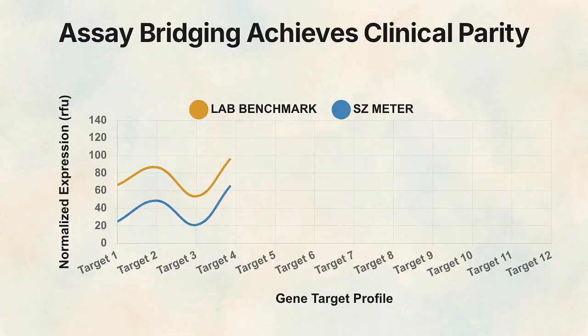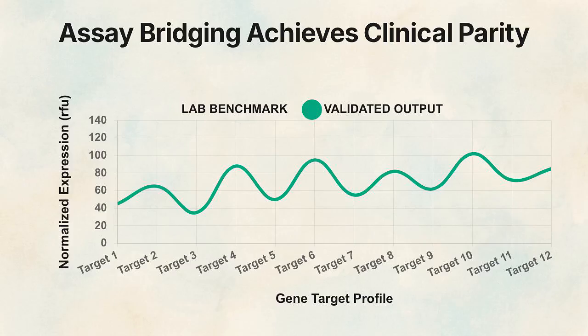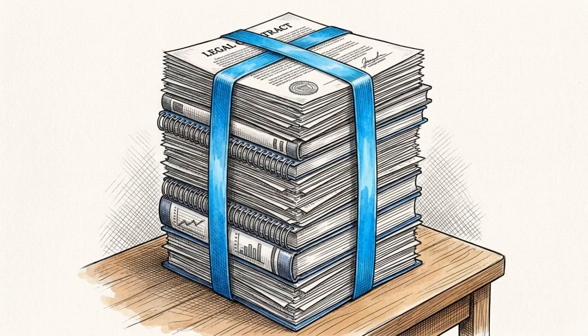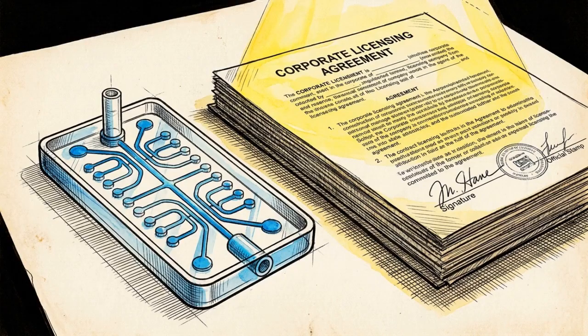Before this device can be sold, the hardware engineering must be followed by rigorous assay bridging, analytical validation to prove it matches laboratory results, and comprehensive legal cross-licensing. Commercializing a point-of-care molecular diagnostic requires executing on two fronts simultaneously: engineering the absolute physical stability of the hardware and strategically securing the legal rights to the clinical truth it reveals.